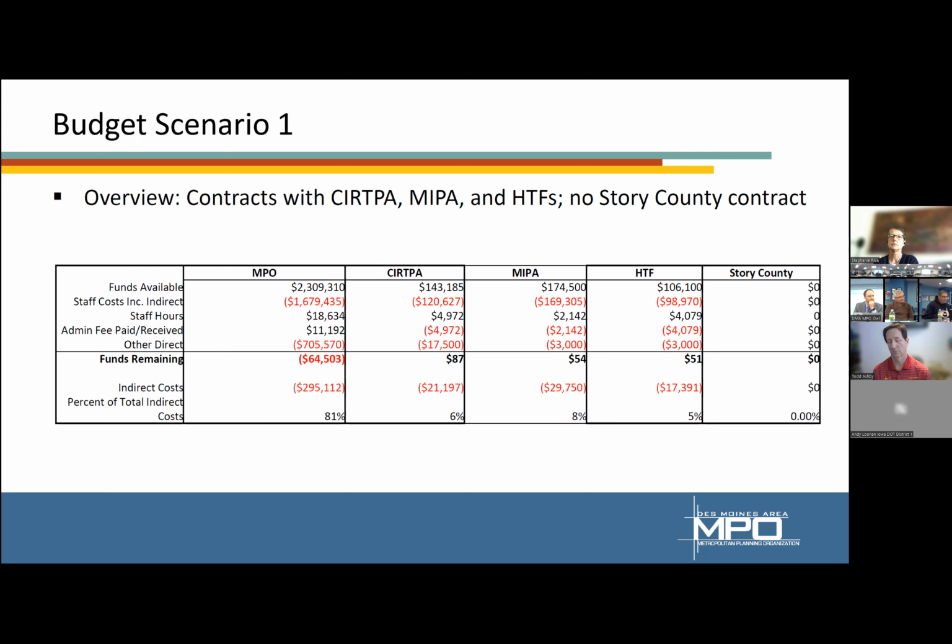If you tell me you can do MPO stuff and other contracts at 17,859 hours, then why, when we don't do any contracts, are you telling me you have to have 18,718 hours? That's a difference of $100,000 where we're short when you run that other scenario.